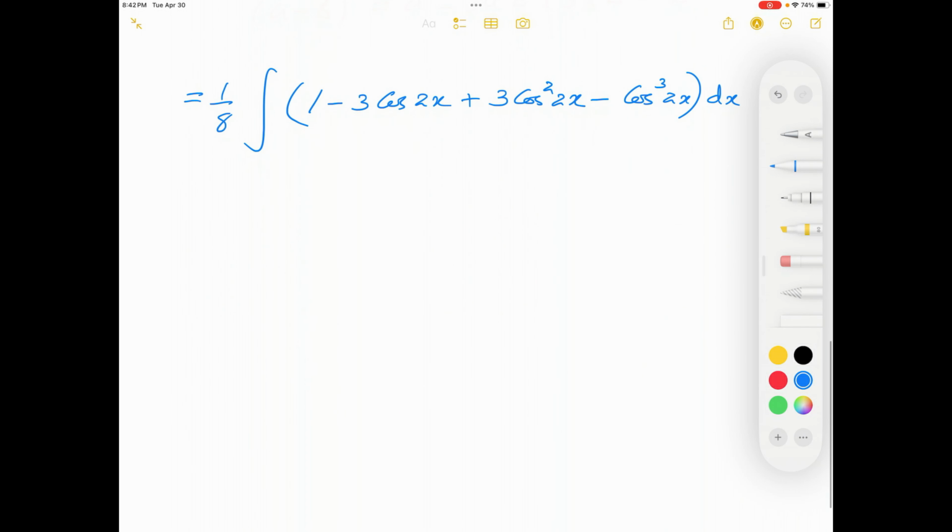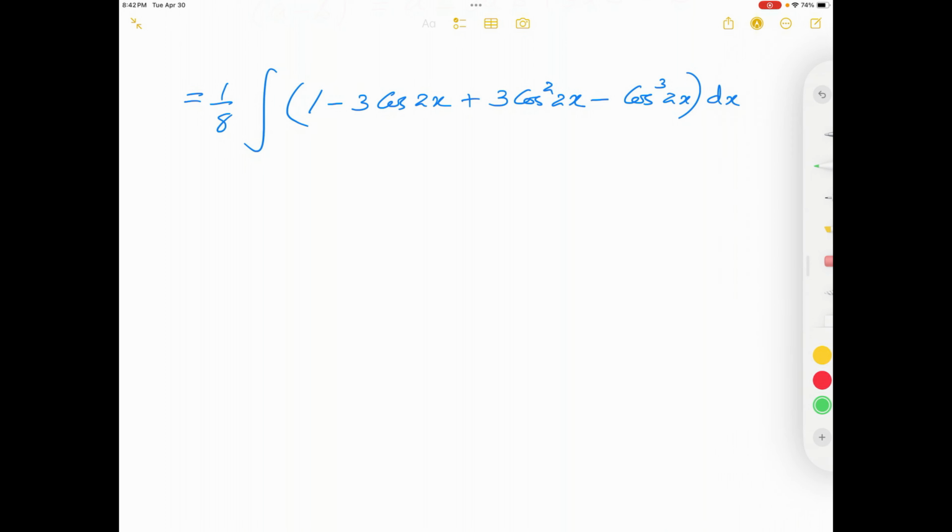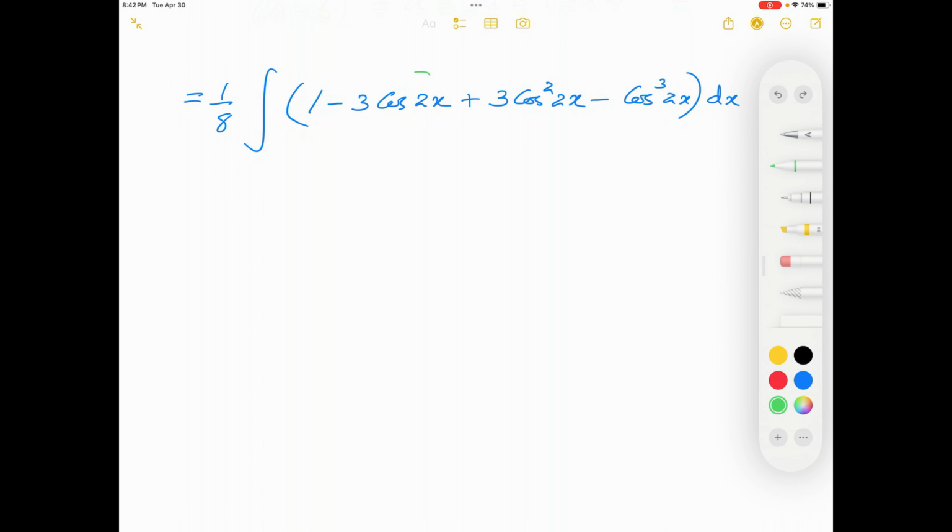Alright. Now, when we look at this integration, we can easily integrate 1. Also, we can easily integrate cosine 2x. But we have a cosine squared 2x term and also a cosine cubed 2x term. Cosine squared 2x term can be converted into a cosine first order term. That can be done using the double angle identities once again. We know that cosine 4x should be equal to 2 cosine squared 2x minus 1.